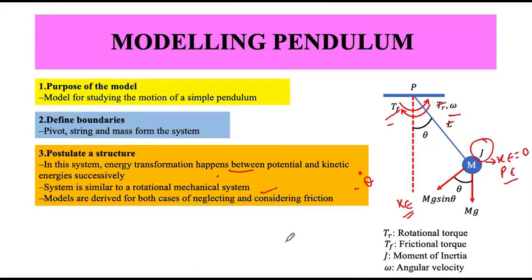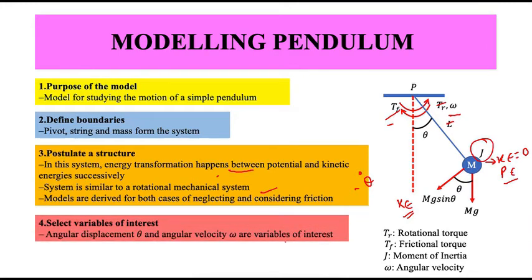The variables of interest here are, as in the car where I was interested in how position and velocity evolve, how theta, the angular displacement, and angular velocity omega evolve with time based on the parameters of the system m, l, and g, the acceleration due to gravity.